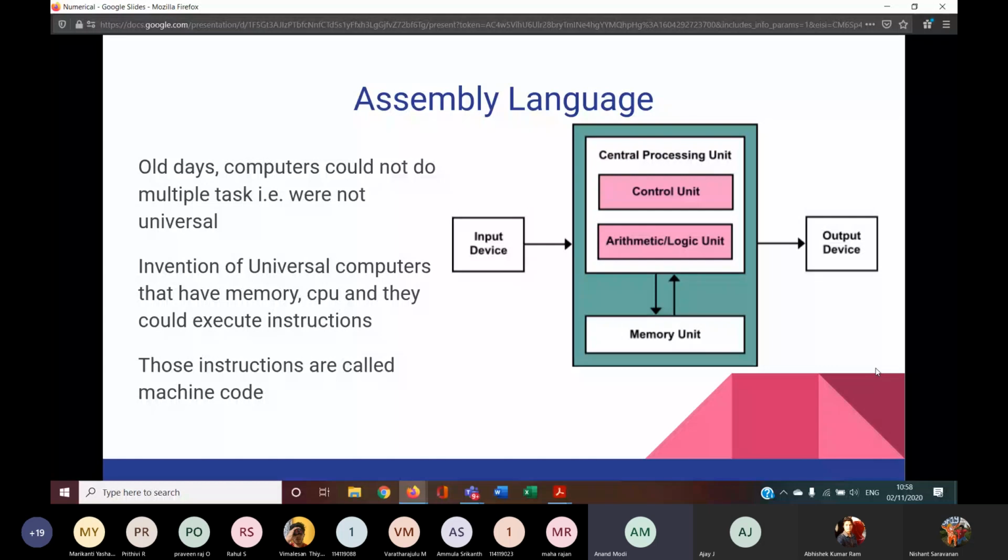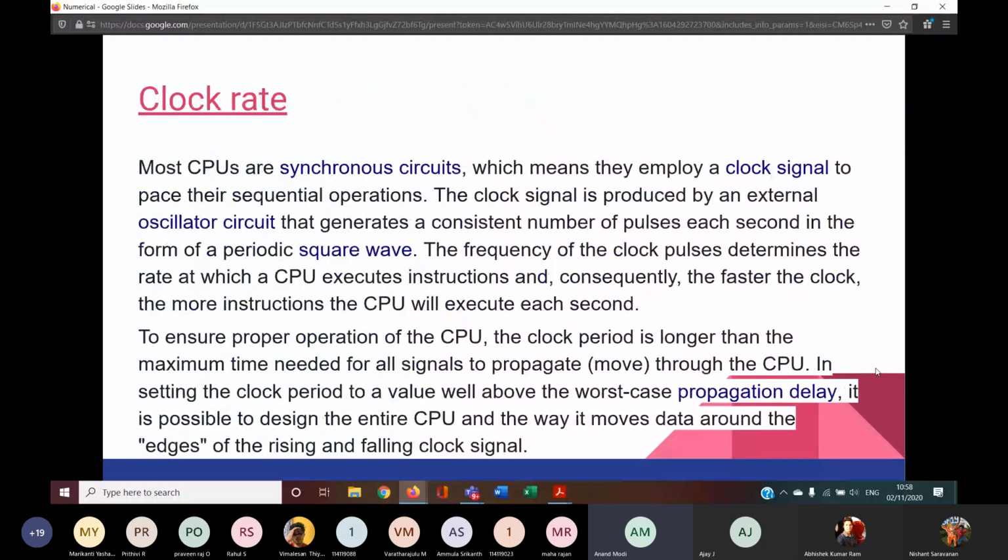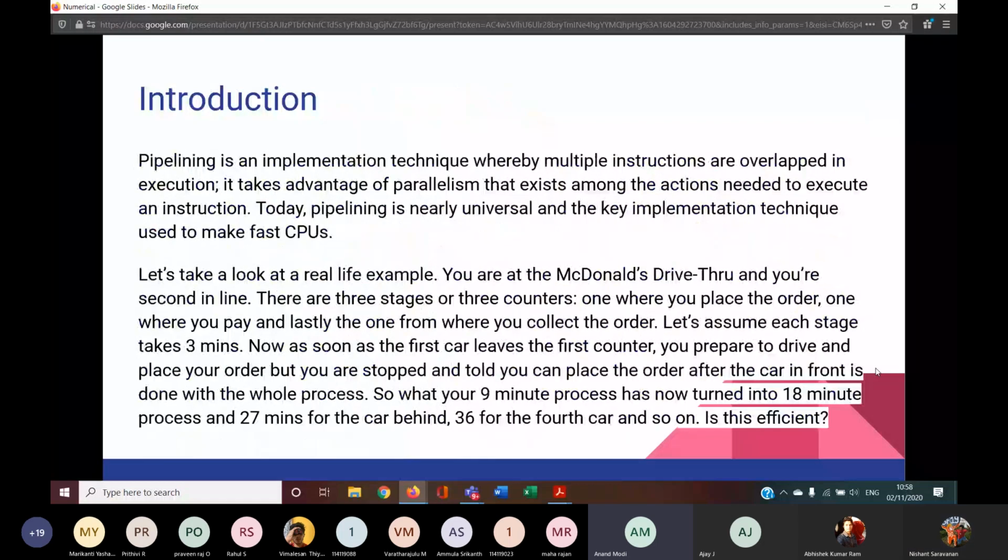So yeah, Nishant, can you go to pipelining now? Let's look at the first example. You're at McDonald's, or let's say any drive-through, and you're second in line. There are 3 stages for you to complete the process.